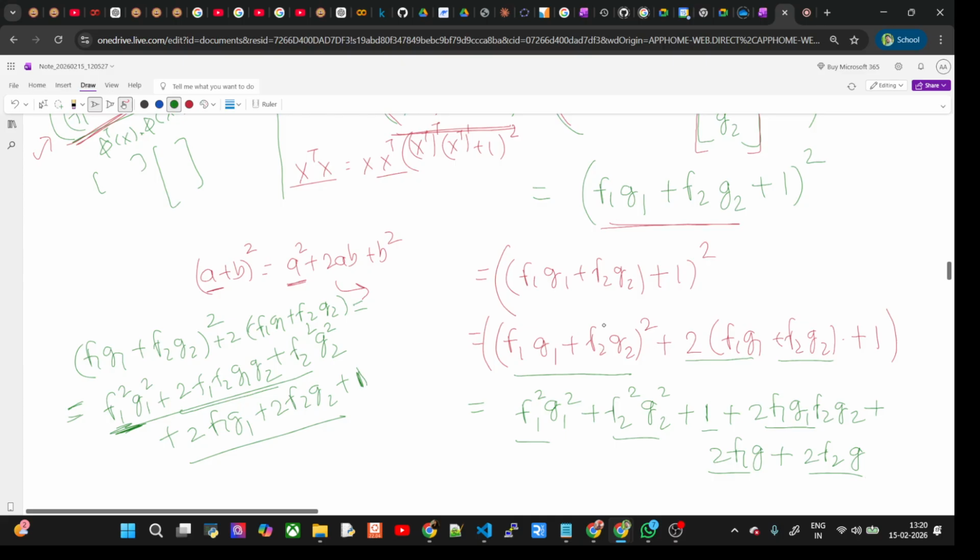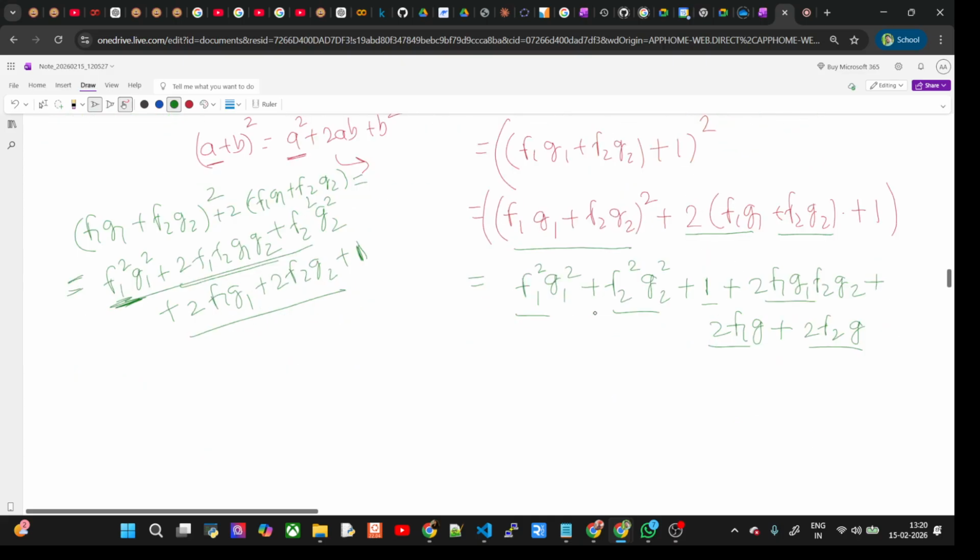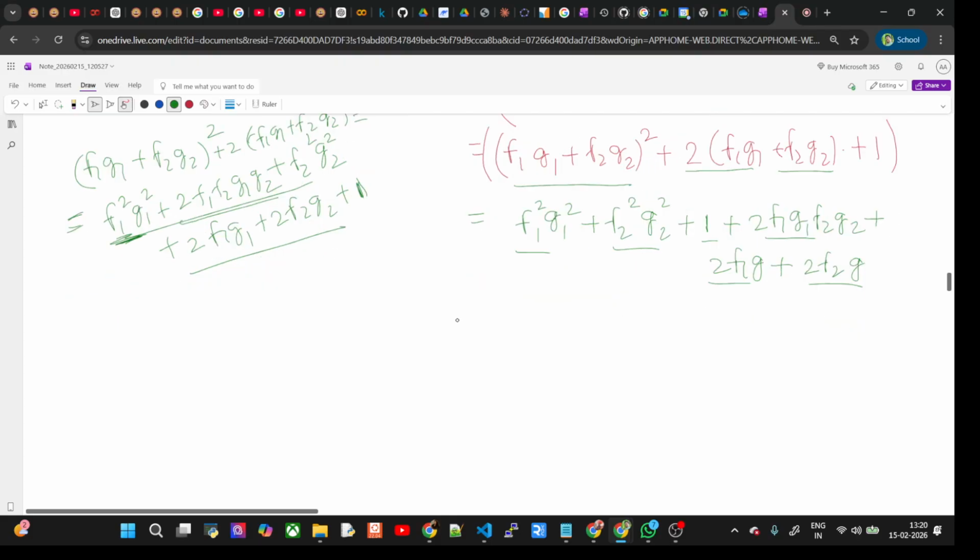Now this is some kind of multiplication, you can see. But I just want to separate out the f1 term. So here f1 square, and here f2 square. I'm just trying to write in vector form, with the f1 square vector here, and then the g2 vector will be there.